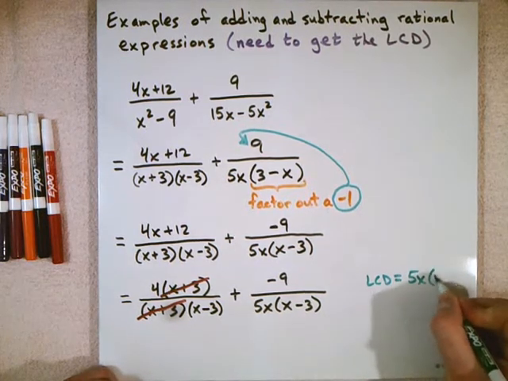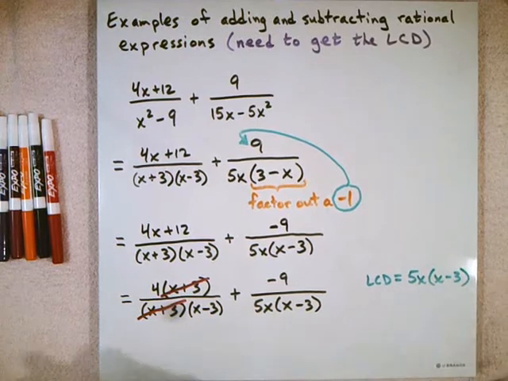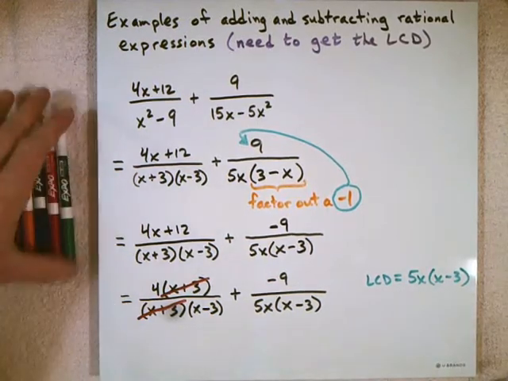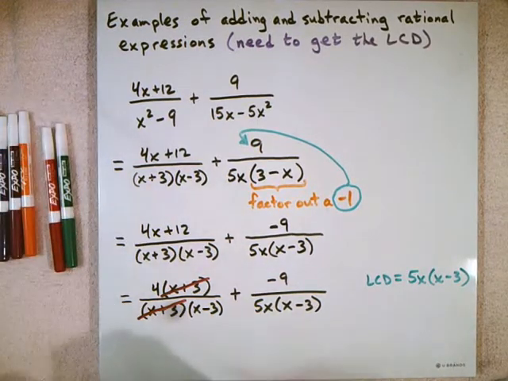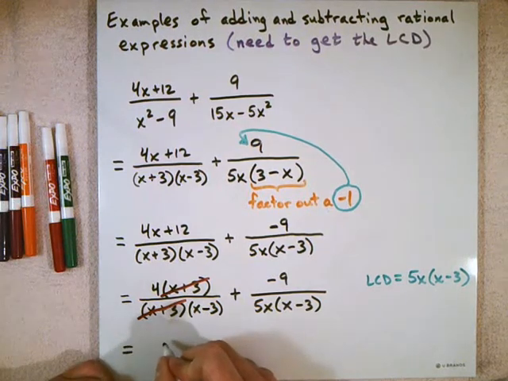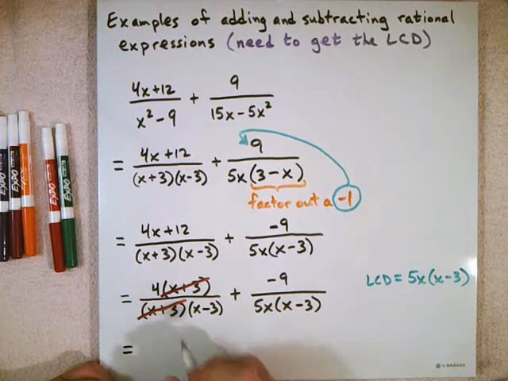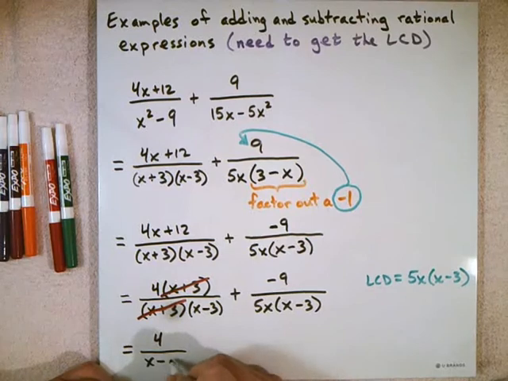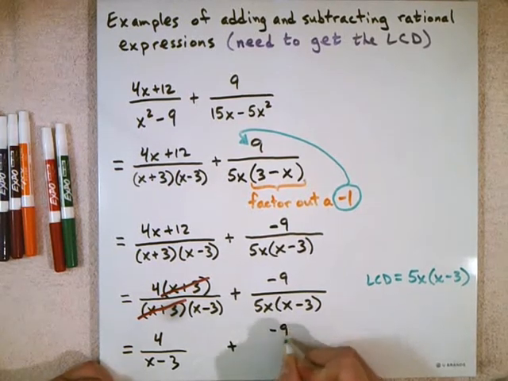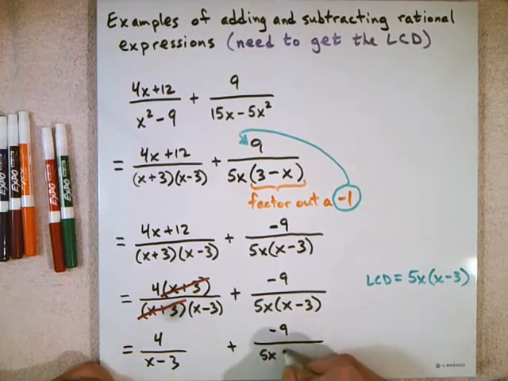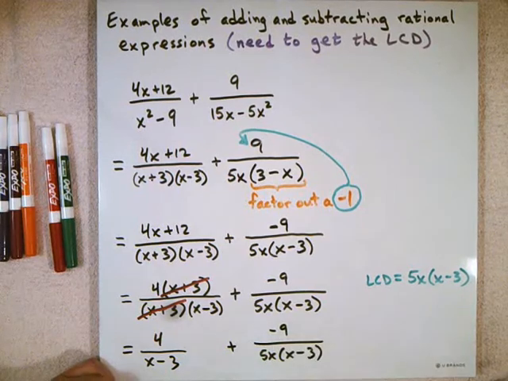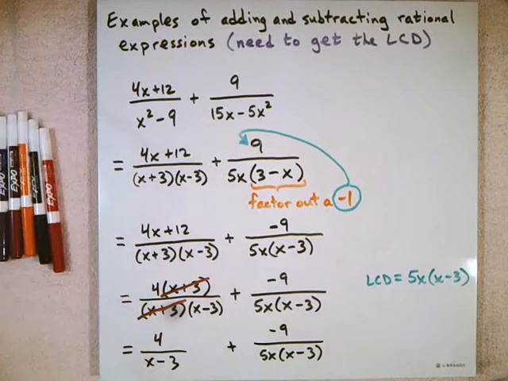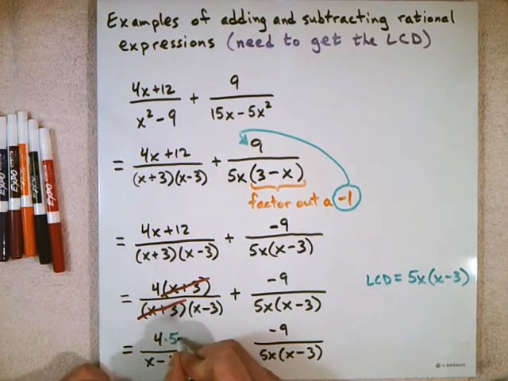As I go to the next step, let's rewrite what I have here so you can see it. 4 over x minus 3 plus negative 9 over 5x times x minus 3. All I have to do is modify this first piece by multiplying top and bottom by what? 5x. There you go, and that'll make them identical.